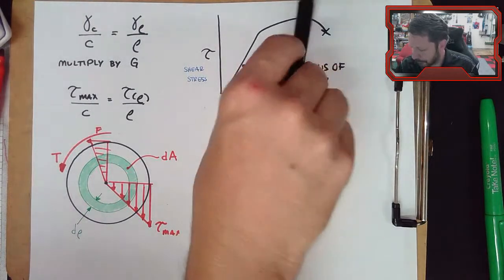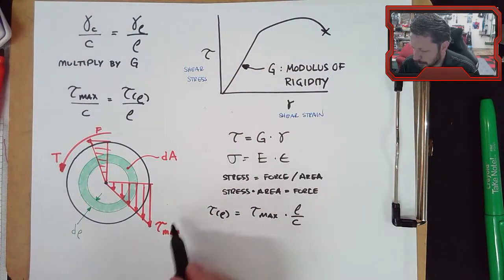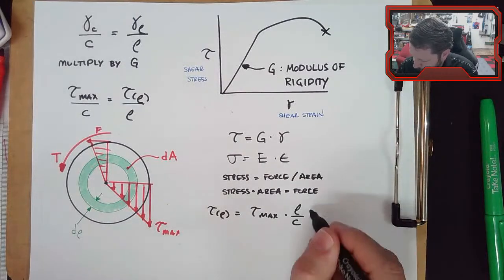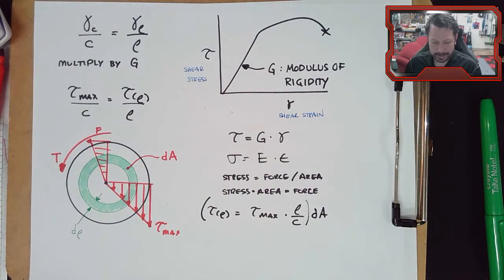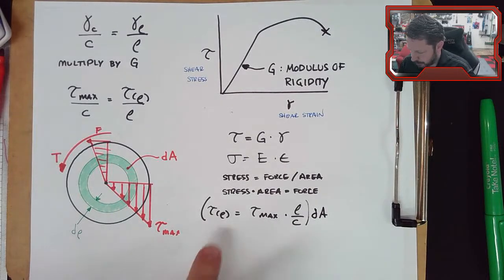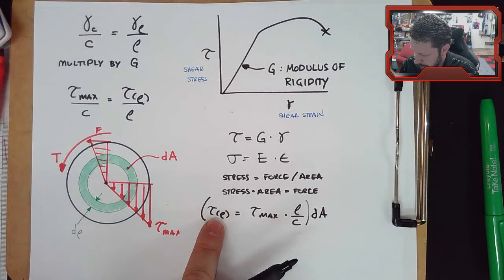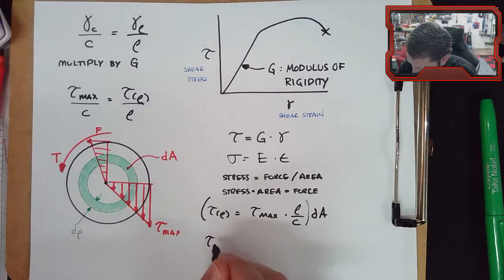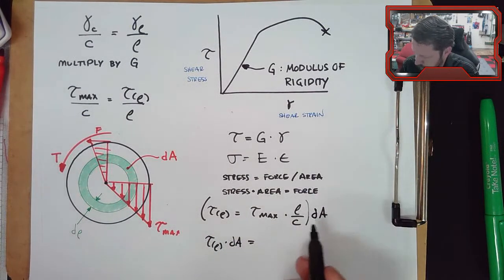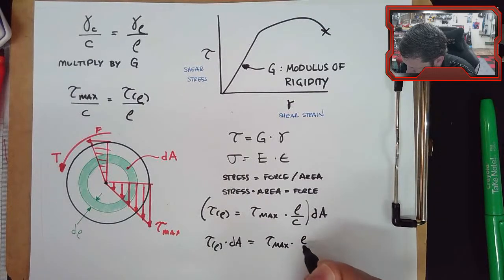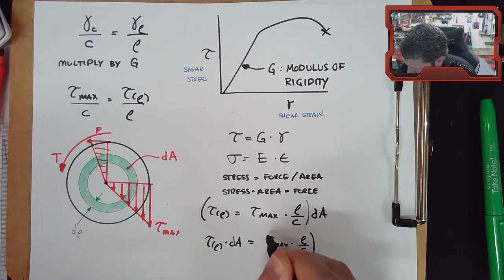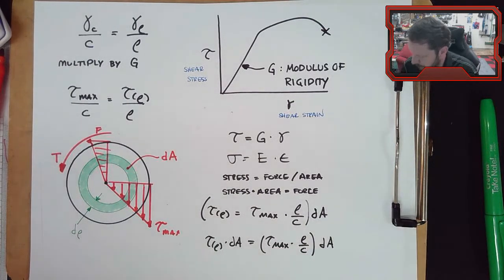All right. Anyway, let's multiply this whole thing times dA. So what that does for me is now I have tau as a function of rho times dA equals all of this stuff, tau max times rho over c dA.